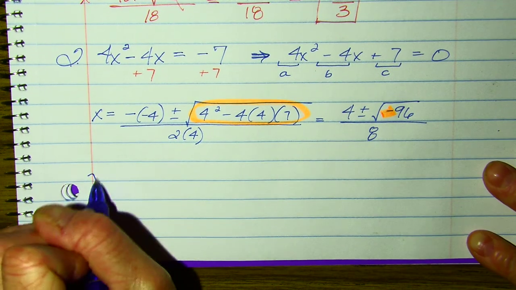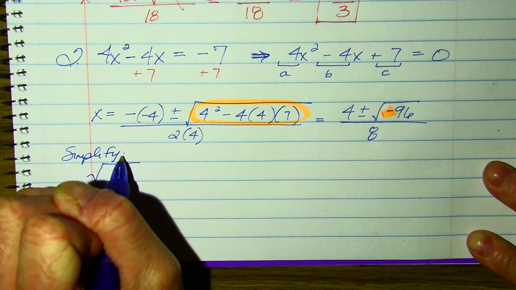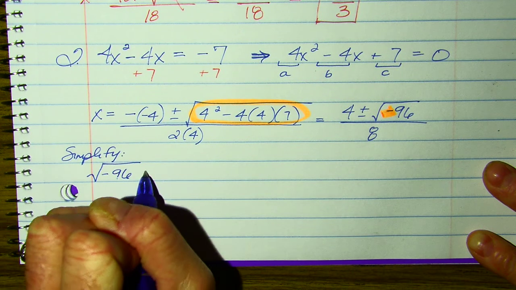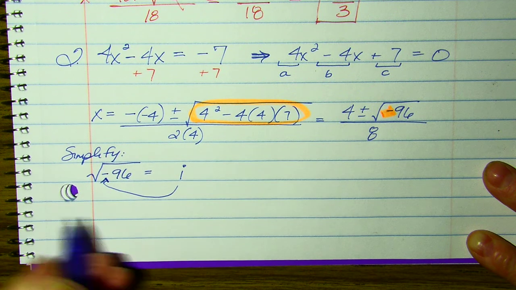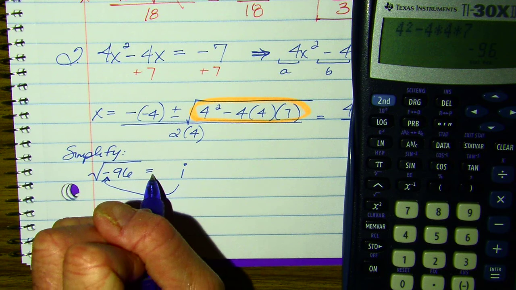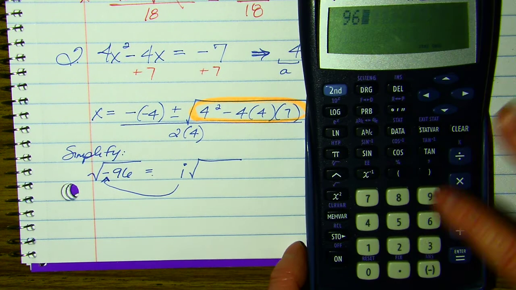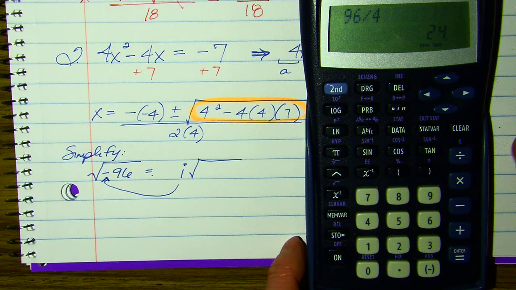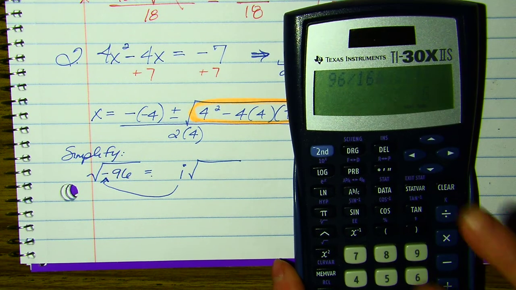So I'm going to simplify the square root of 96. Now, i comes from the negative, and 96, we're going to find a factor. So let's see here. The factor of 96, if I take my calculator, 96 divided by 4, 4 times 24, I don't really like that. 96 divided by 16.